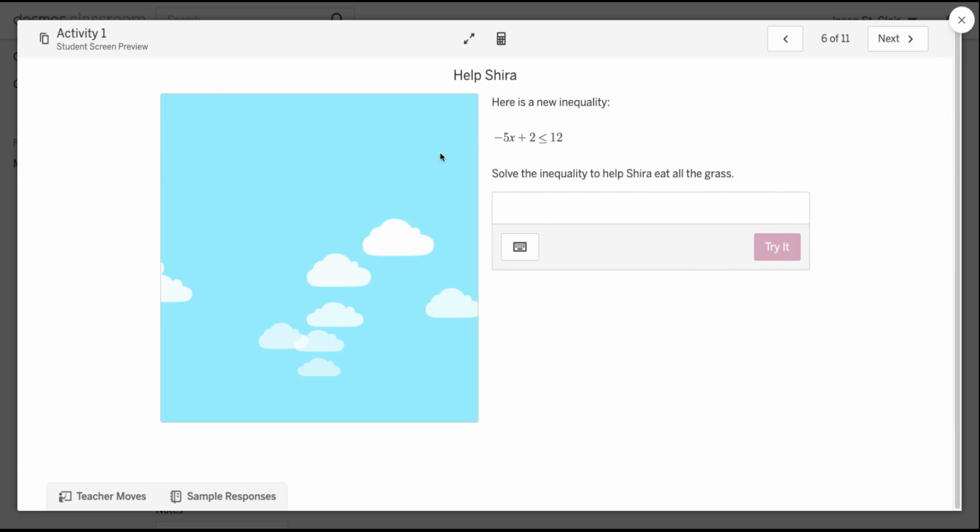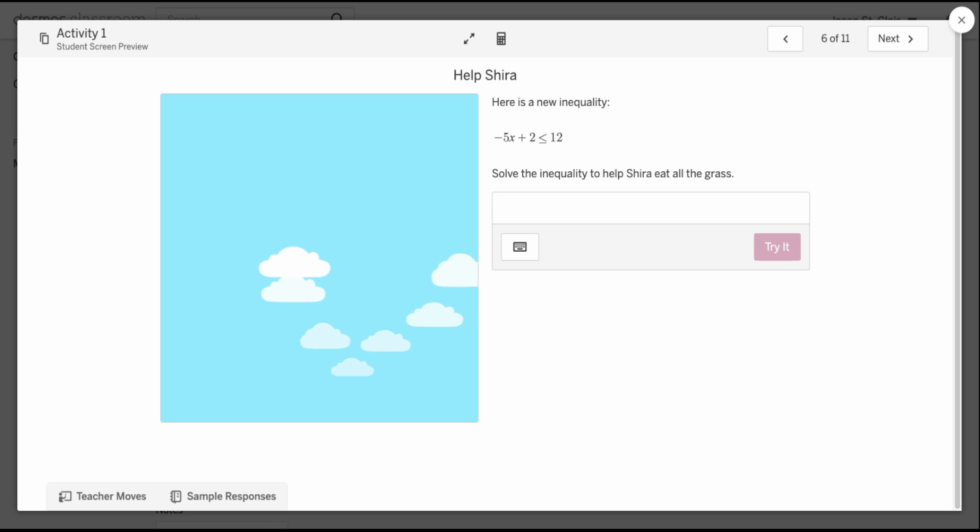Let's try another one. We have negative 5x plus 2 is less than or equal to 12. Going to subtract 2 from both sides. Negative 5x is less than or equal to 10. Divide by negative 5. We get x, we get negative 2, and we have to flip the sign.